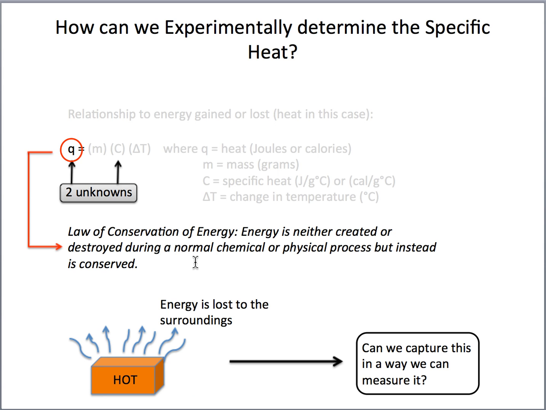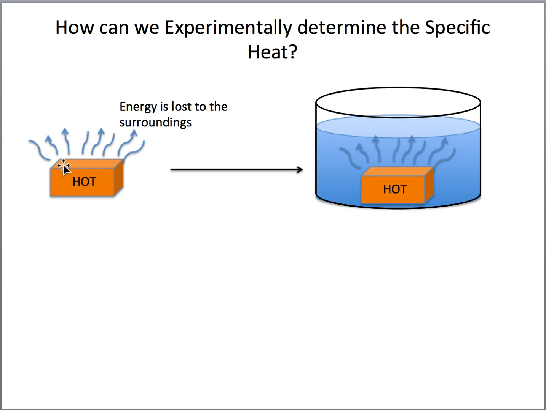Since it is neither created nor destroyed, but is conserved, if we can quantify how much we've captured and relate that back to how much was lost, we will be able to circumvent this problem of not being able to come up with a Q value directly. So let's see what I mean.